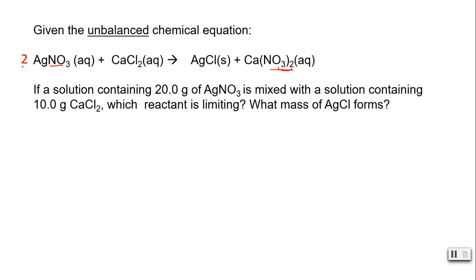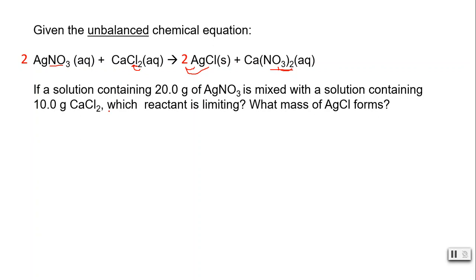That means, though, that I also need to add a 2 in front of the silver chloride, AgCl, to balance out my silvers. And that works out great because I now have 2 silvers as well as 2 chlorines. And hey, I've got 2 chlorines on my reactant side as well. So my chemical equation is balanced.